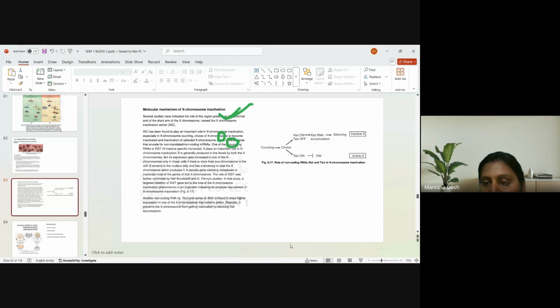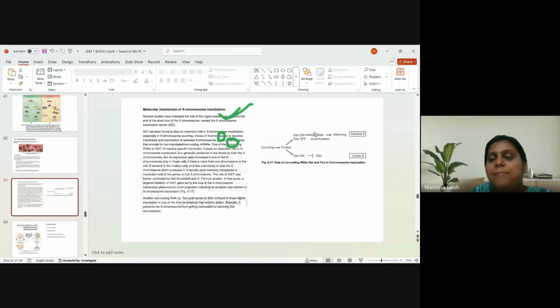So next we have how exactly the mechanism takes place in human beings, how the X chromosome inactivation takes place. As you can see, there is a choice, meaning randomly either the paternal or the maternal chromosome is chosen. There is an X inactive specific transcript, like we saw with the miRNA.